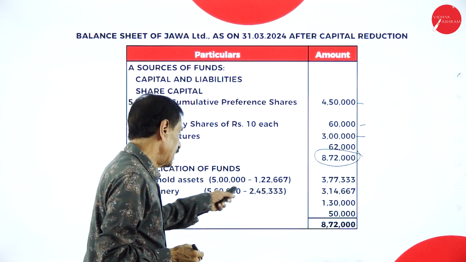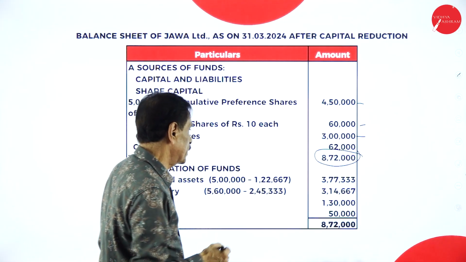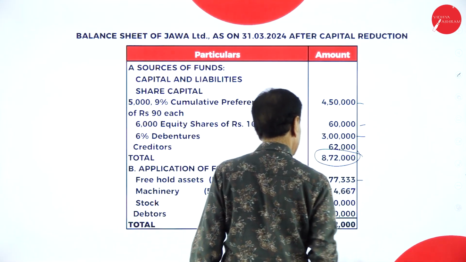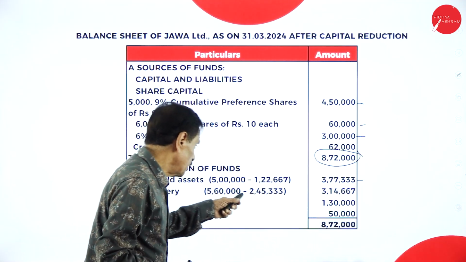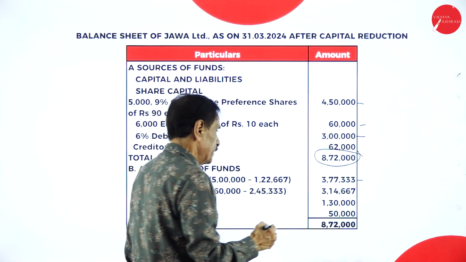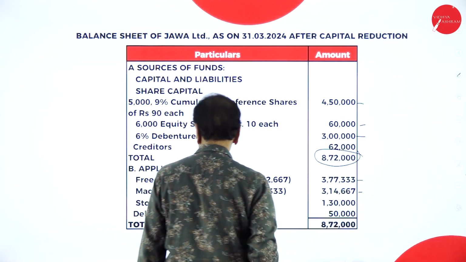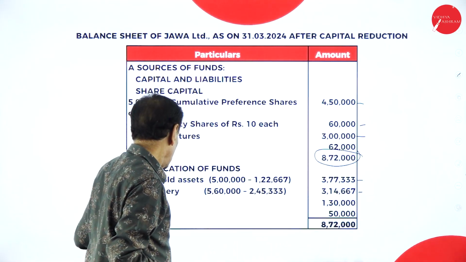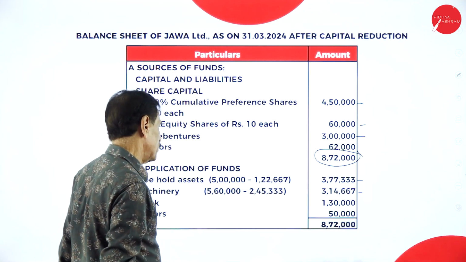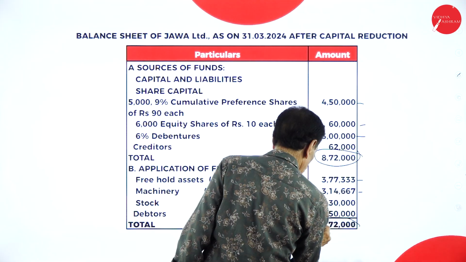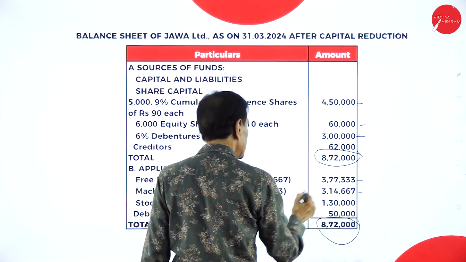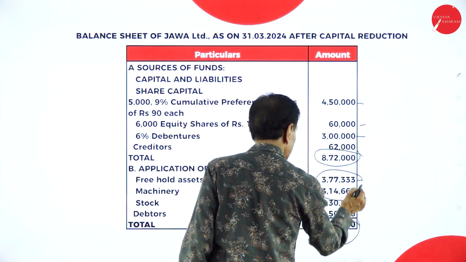Freehold asset 5 lakh minus 1 lakh 22,667, 3 lakh 77,333. Machinery 5 lakh 60,000 minus 2 lakh 45,000 comes to 3 lakh 14,777. Stock 1 lakh 30,000, it will tally for 8 lakh 72,000. This amount you have to take.